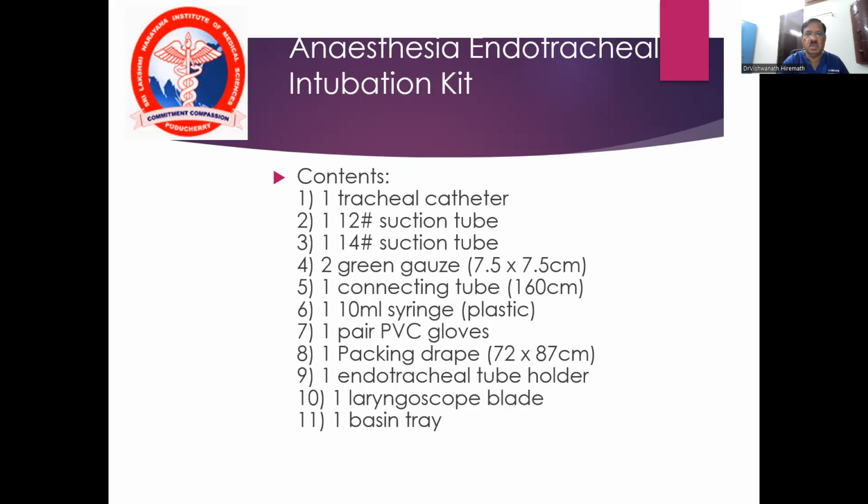An ideal endotracheal intubation kit contains tracheal catheter, size 12 suction catheter, size 14 suction catheter, then connecting tube, syringe, gloves for personal protection, endotracheal tube holder, laryngoscope blade, and basin tray.